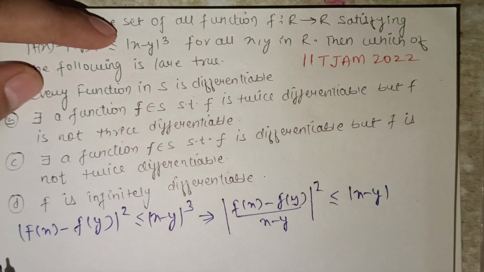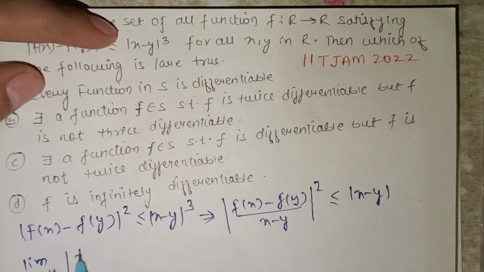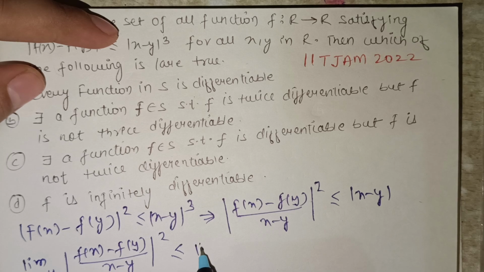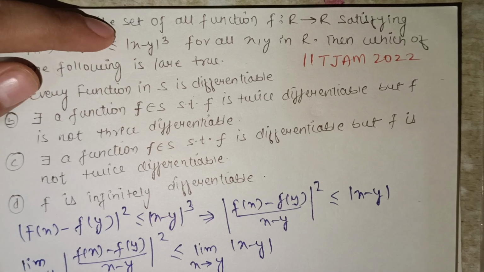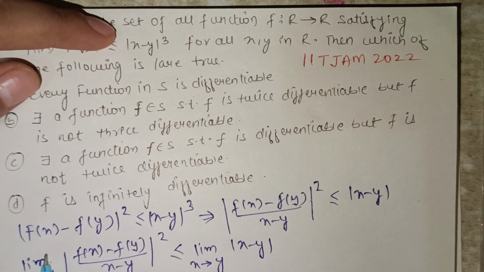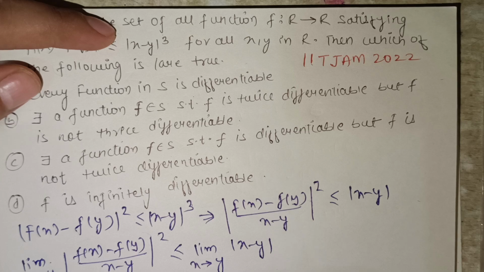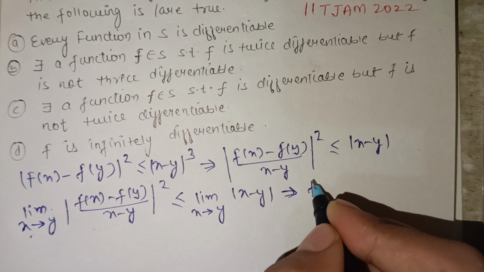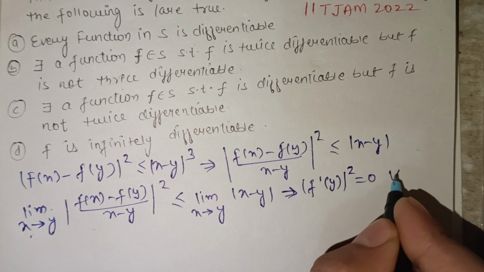If we take the limit on both sides, limit x tends to y of |f(x) - f(y)|² upon |x - y|² is less than or equal to limit x tends to y of |x - y|. Here the left side is f'(y), and as x tends to y the right side becomes 0. So this implies f'(y) squared is equal to 0 for every y.